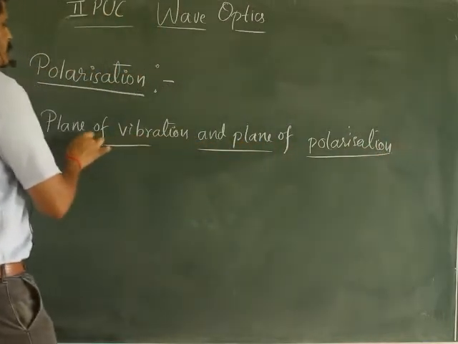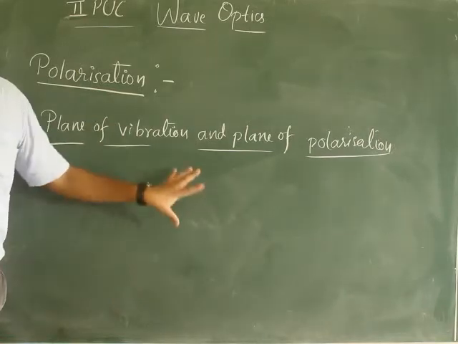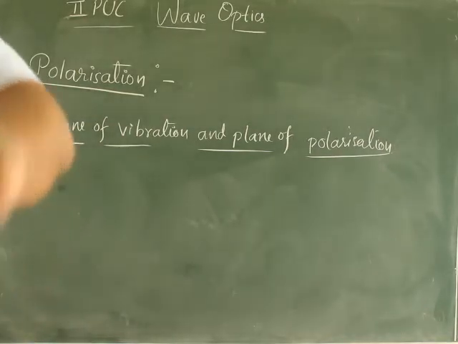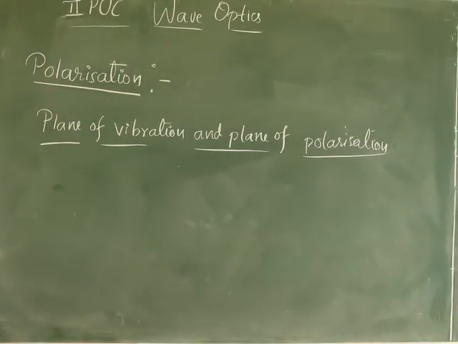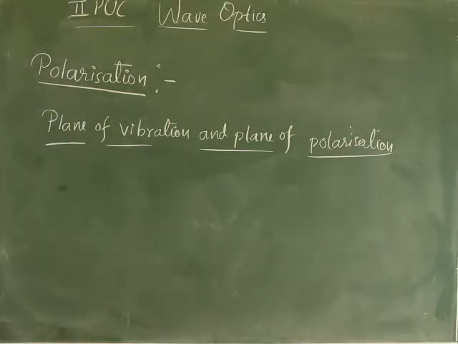Plane of vibration and plane of polarization. These are two technical terms we require. I will explain this by drawing the diagram, okay, so that it will be easy for you to understand. So let us take the same diagram.